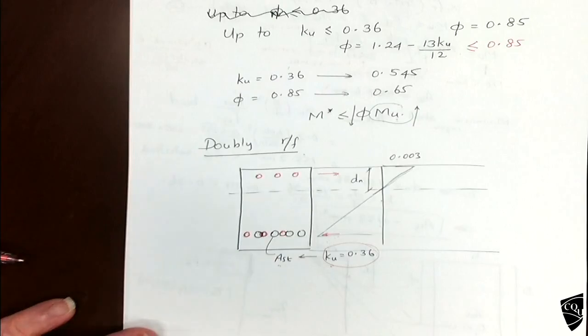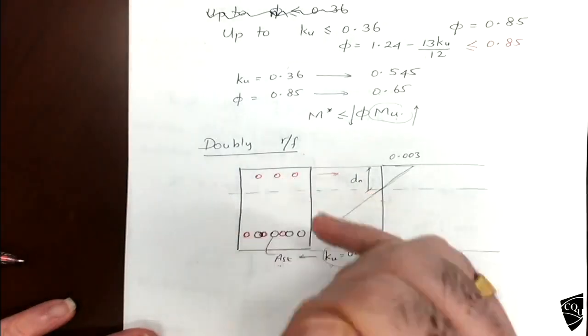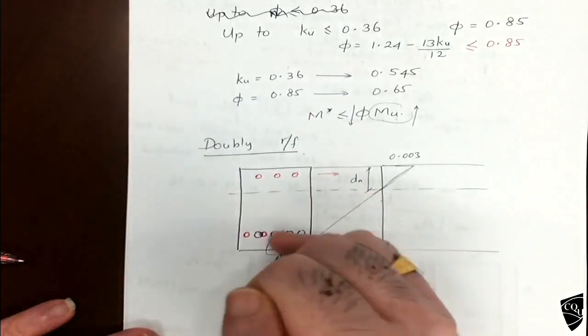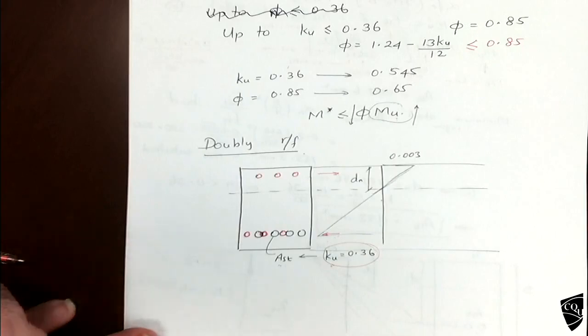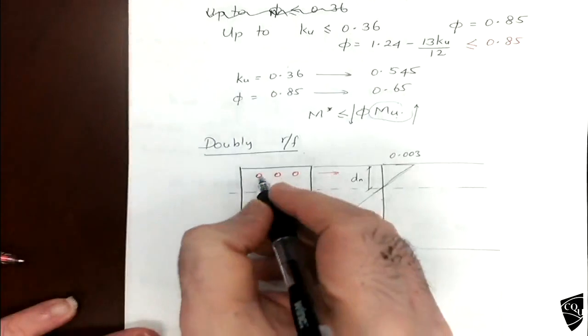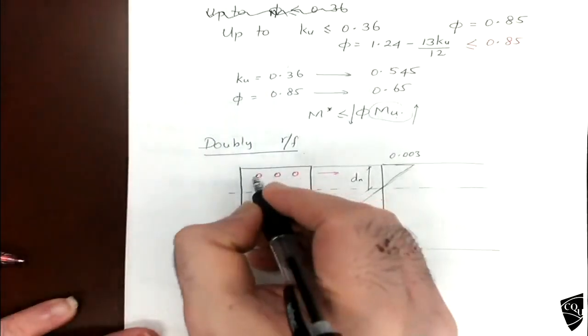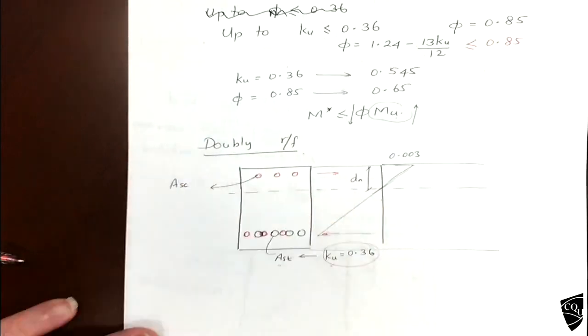This is called a doubly reinforced section. Doubly reinforced section means you have some reinforcement in the compression zone. The reason is to balance the extra steel we provide here. Is it clear? In this case, the dn is still within 0.36 or less, it cannot exceed. This is called compression reinforcement, Asc, C for compression.